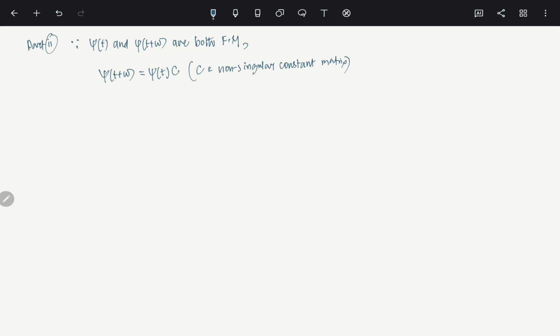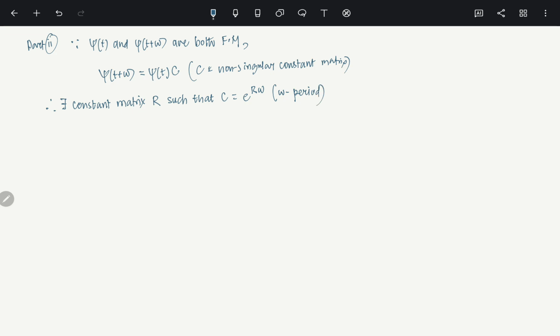Is it okay? Now you see what we are going to do. This C is a non-singular constant matrix, right? Then there exists a constant matrix R such that C can be written as e power RW, where W is the period.